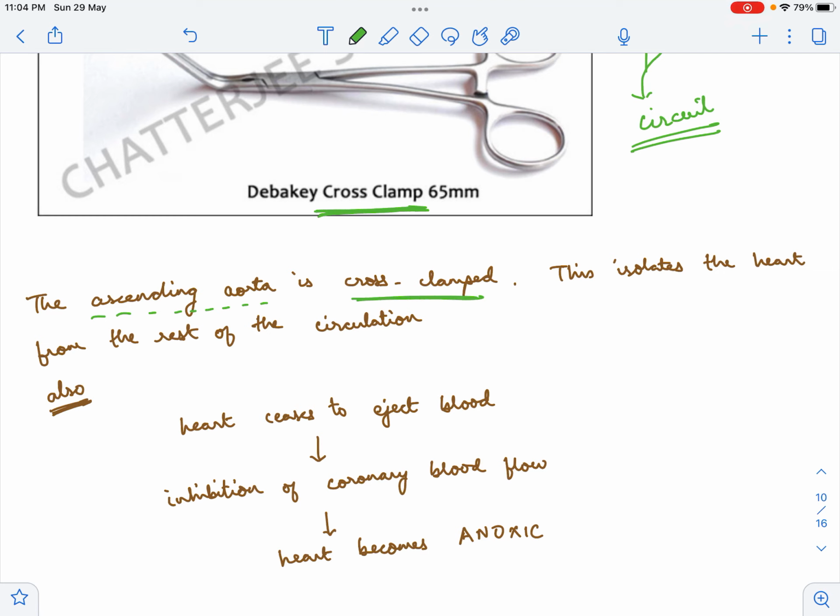When you put the cross clamp on the root of the aorta, you isolate the heart from the rest of the circulation. How are you doing that? This is because the coronary arteries arise from the root of the aorta. So, let me make it clear.